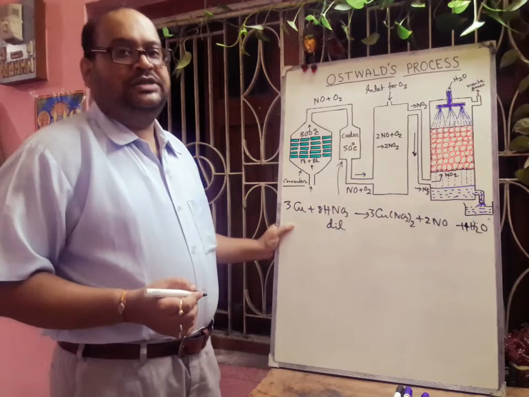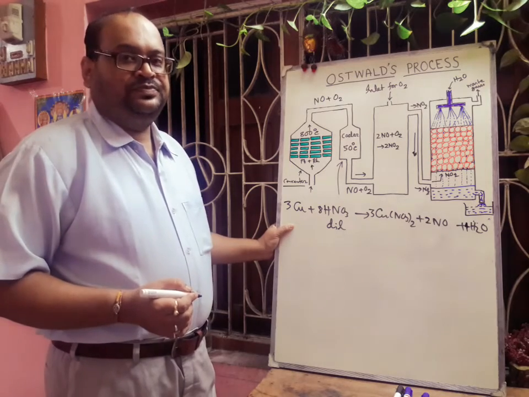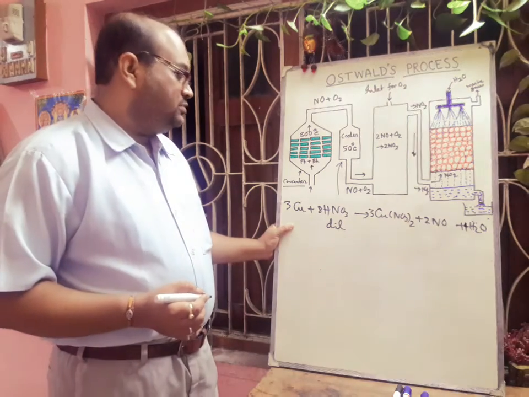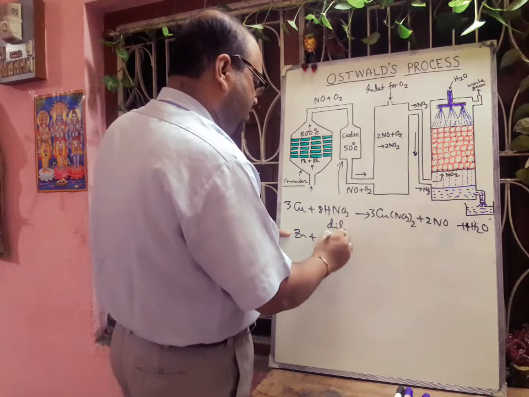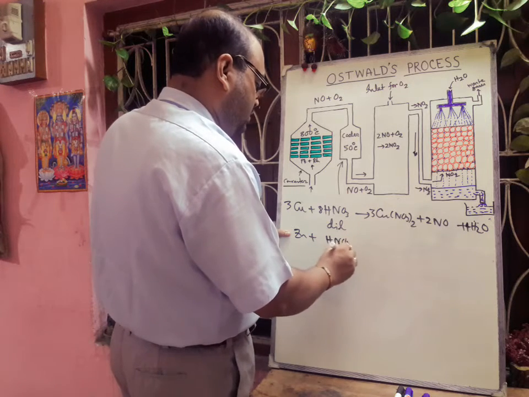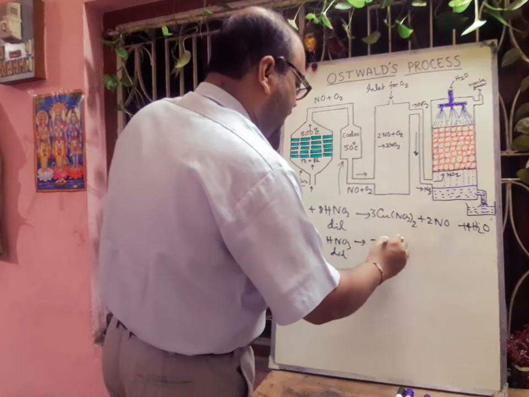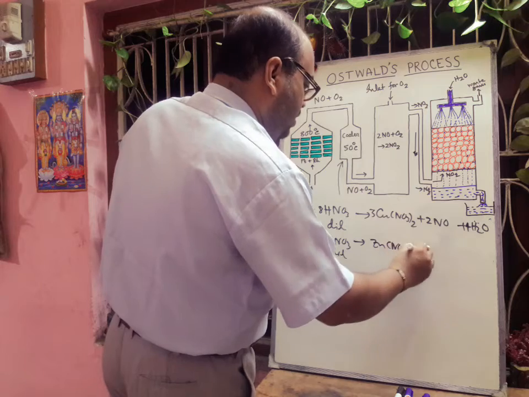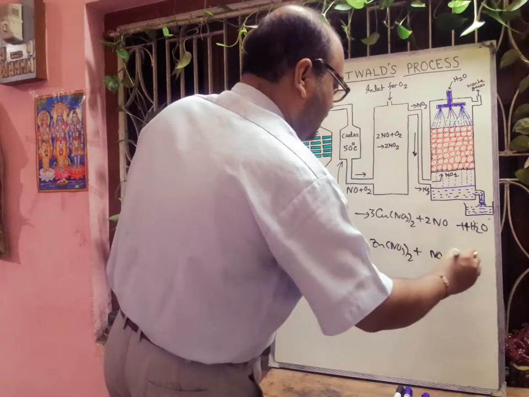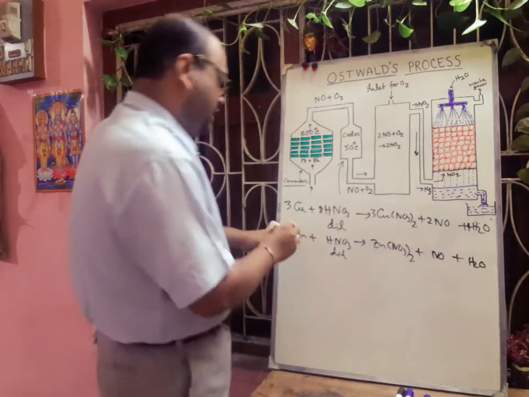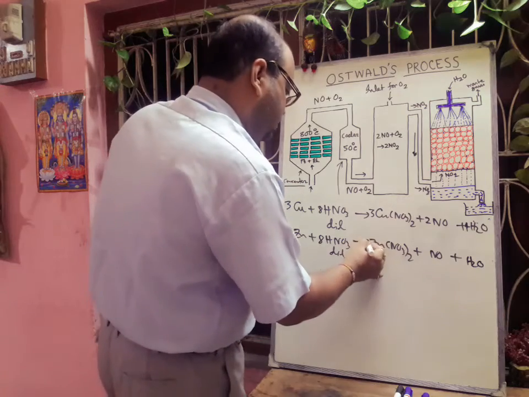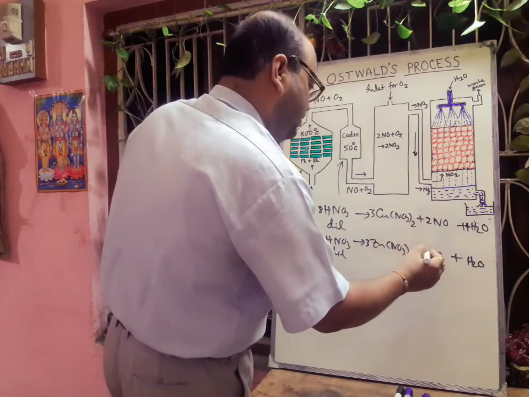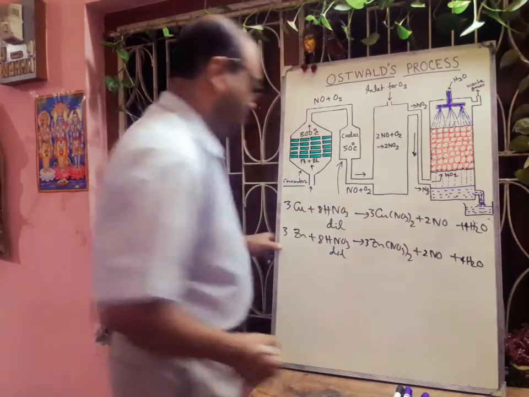Next, zinc will react with the dilute nitric acid. So when zinc is reacting with dilute nitric acid, that will also form zinc nitrate plus nitric oxide plus there will be formation of water. Here also thrice Zn will react with 8HNO3 forming thrice Zn(NO3) whole twice and there will be formation of twice NO plus 4H2O.